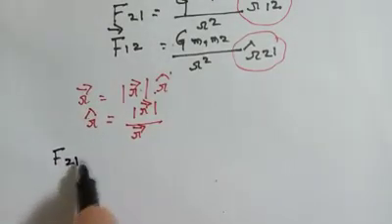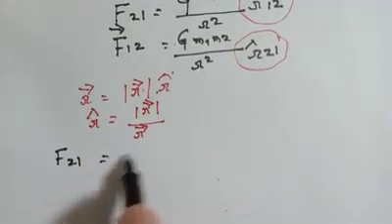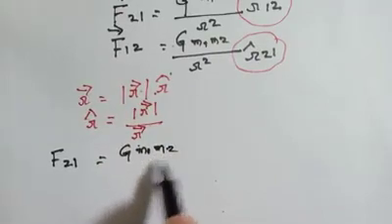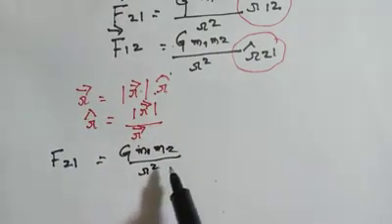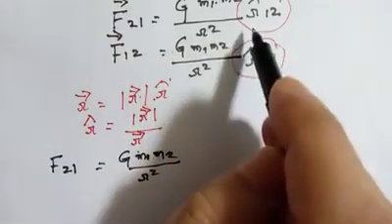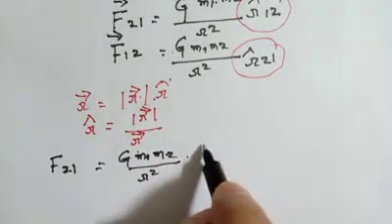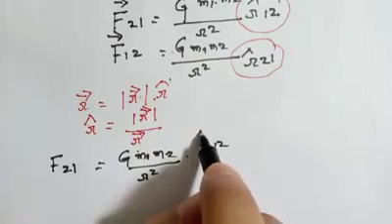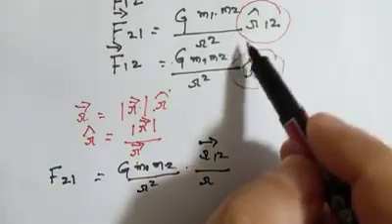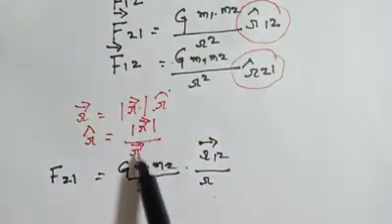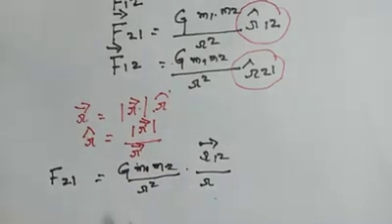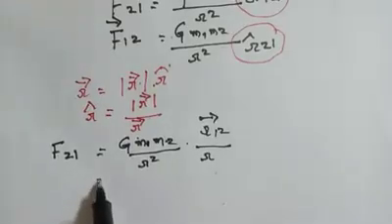F21, that is force acting on 2 by 1, will be equal to G m1 m2 whole divided by r squared, and this r hat 1,2 would be replaced by the vector r12 on the top, whole divided by r. Why? Because this unit vector has been represented by this. So if I get this on the top, I obviously have r in the denominator.